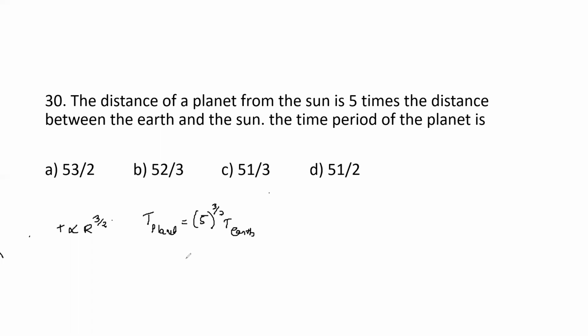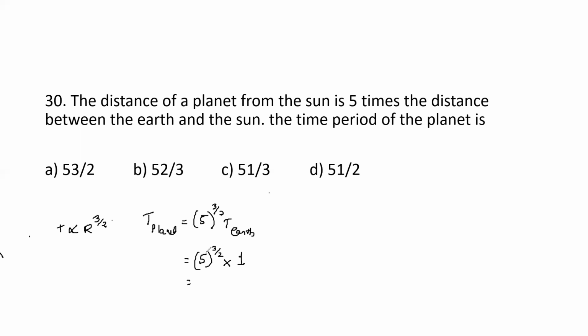The time period of the Earth is 1 year. Therefore the answer becomes 5 raised to 3 by 2. In the options it is written as 5 to the power of 3 by 2, 5 to the power of 2 by 3, 5 to the power of 1 by 3, and 5 to the power of 1 by 2.